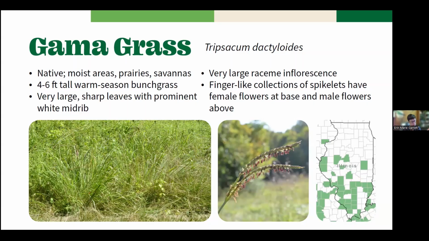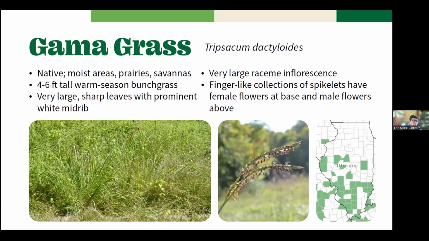So it almost looks like a deer comes and beds in the center of the grass and pushes all of those leaves and stems out. It's super distinctive if you see it in person. And it is one thing I look for because Gama grass is another lookalike to Johnson grass. And Gama grass we love, and Johnson grass we don't want to have around. So that growth form is one distinctive way to tell them apart.